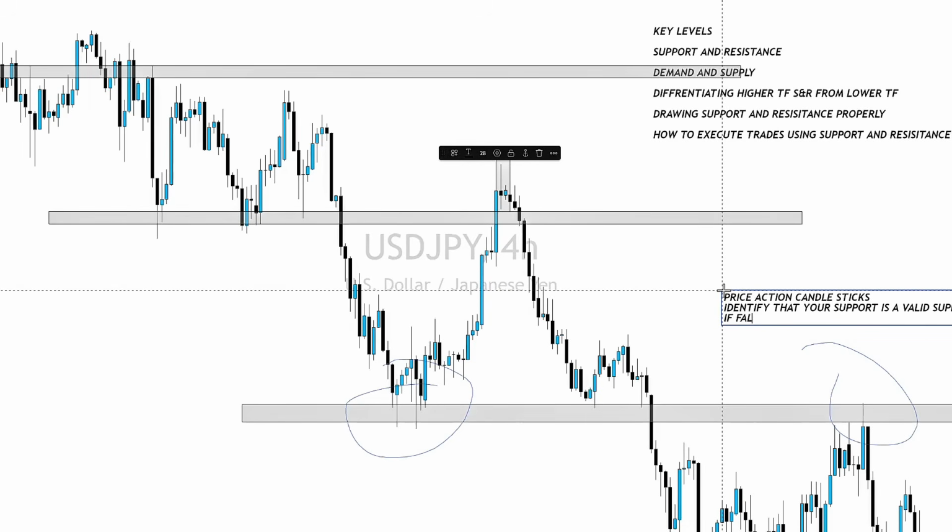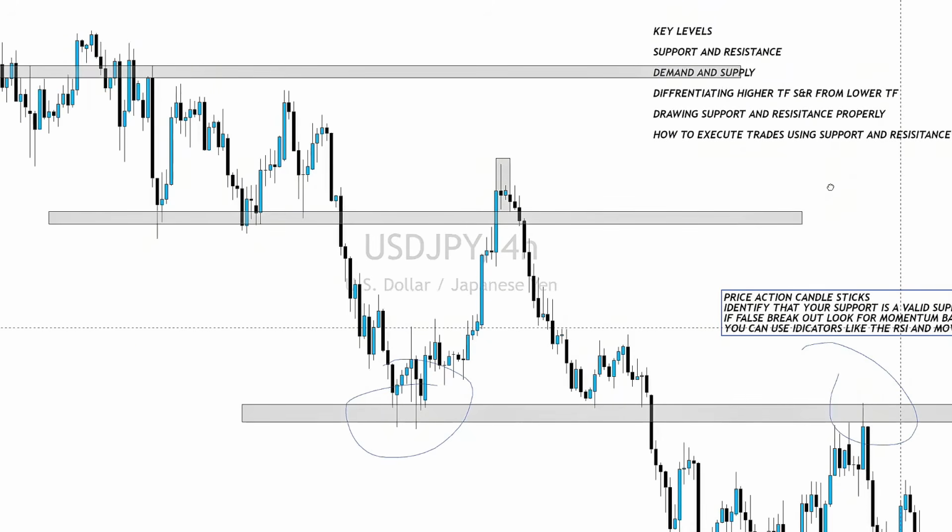If false breakouts, look for momentum back after the breakouts, and you can use indicators like the RSI and moving averages for more confluences.